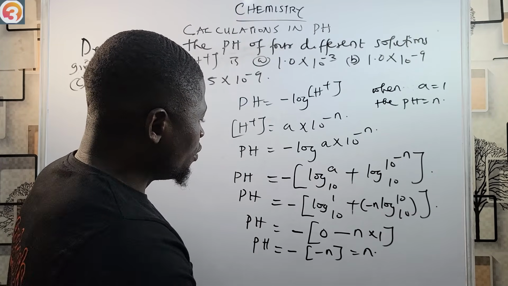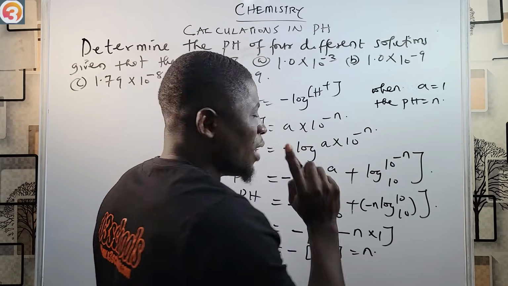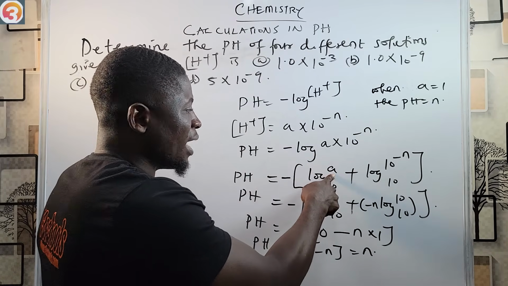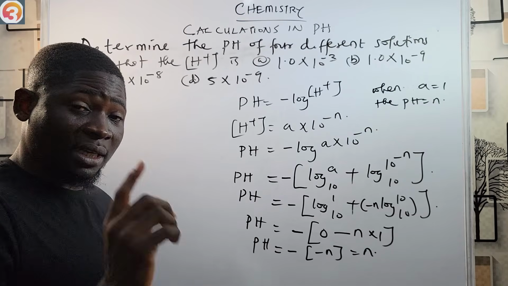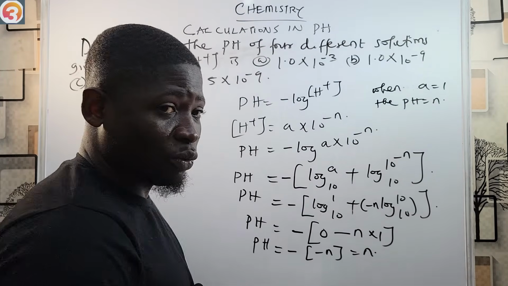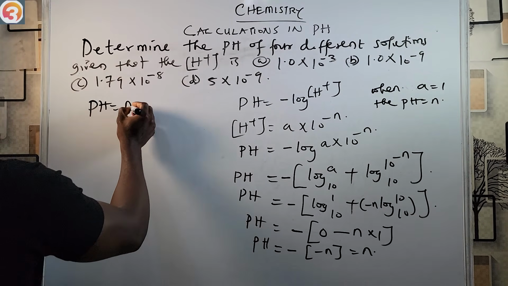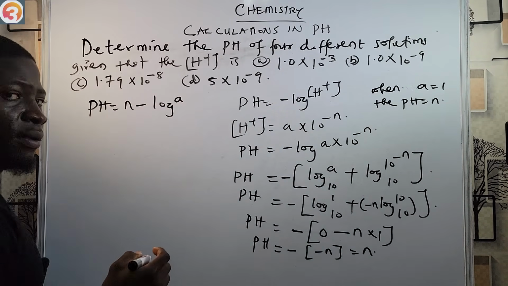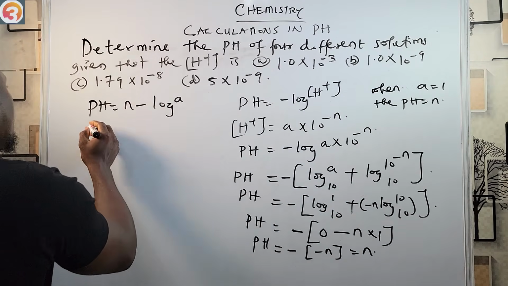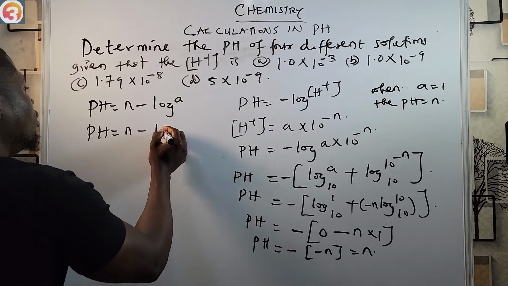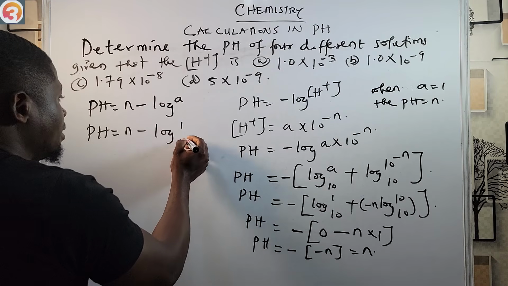All right. So now we get that pH is equal to n when A is equal to 1, because what we did there was to substitute 1 for A to get this value. So the new formula that now comes into play is that pH is equal to n minus log A. This will be very correct, because if you put 1 here, pH will be equal to n minus the logarithm of A, which is 1 base 10.